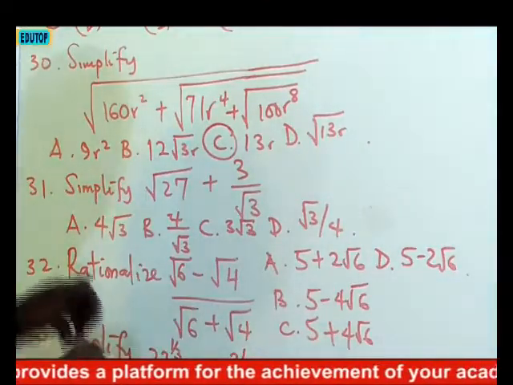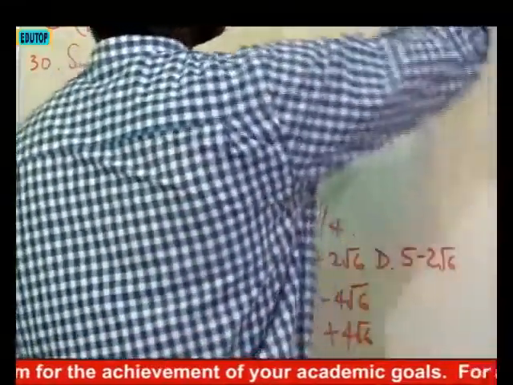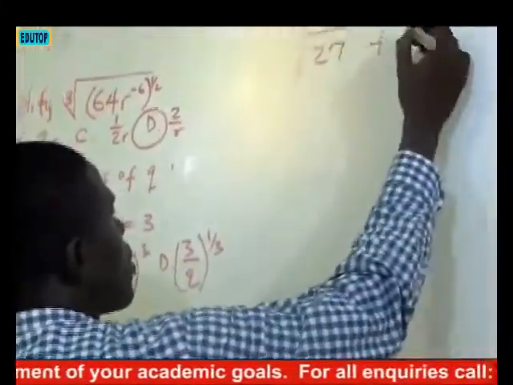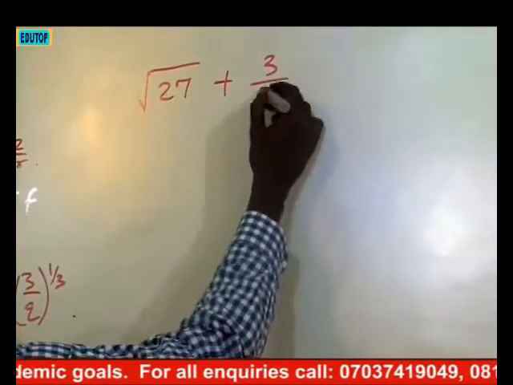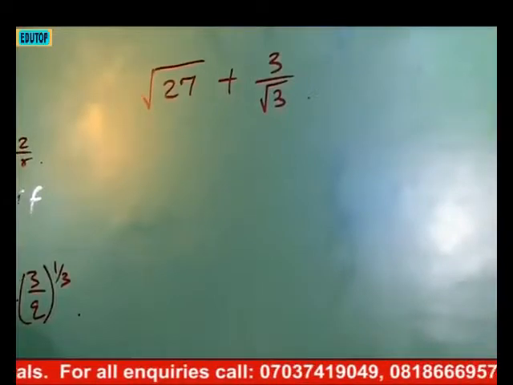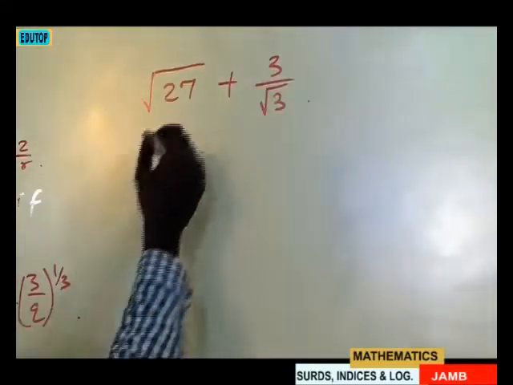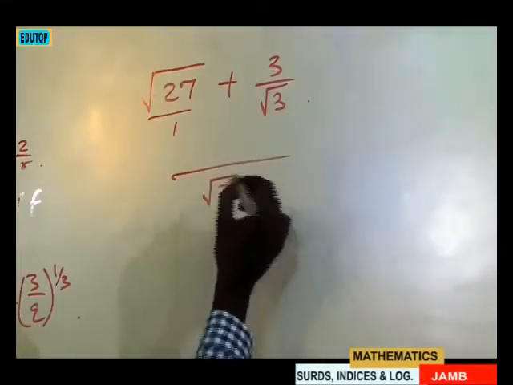Now, question 31 is the next question. That one says simplify root 27 plus 3 over root 3. In this situation, there are two ways to solve this question. You can make this one a fraction, then you find the LCM. LCM here is what? 3.